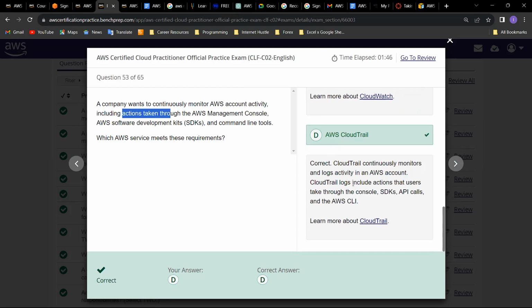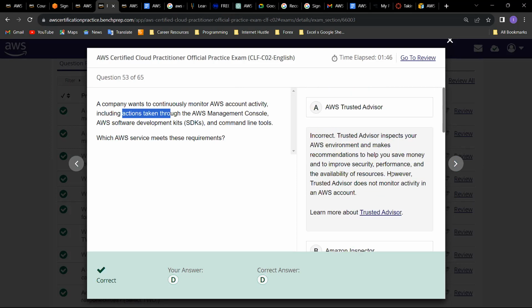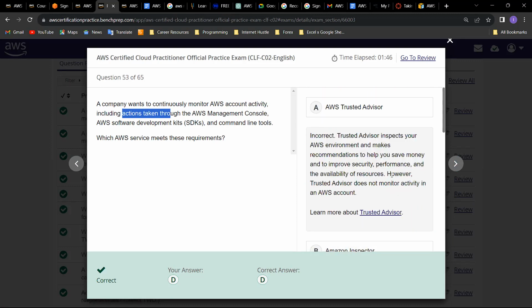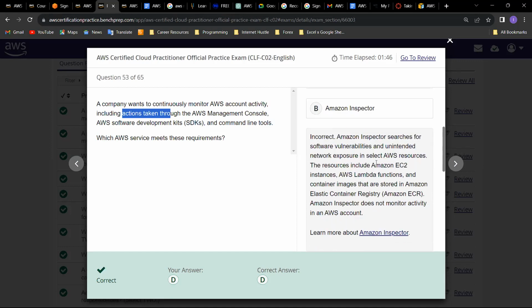So CloudTrail monitors and logs activity in an AWS account. CloudWatch monitors resources. Trusted Advisor inspects the environment and makes recommendations. Inspector searches for software vulnerabilities and unintended network exposure in select AWS resources.